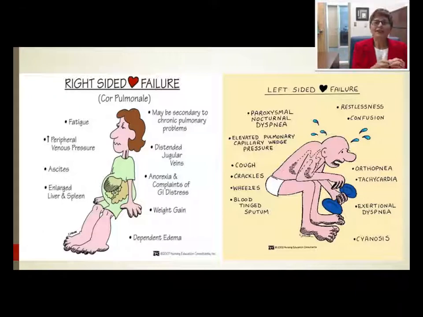But in lots of exams, including NCLEX, they will ask you to identify the symptoms based on which side of the heart could be affected. For the right-sided, think of edema in the body. It can be ascites, peripheral edema. Fatigue is really in both, even though it doesn't say it in this picture of the left-sided heart failure.